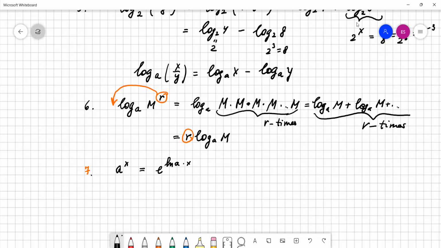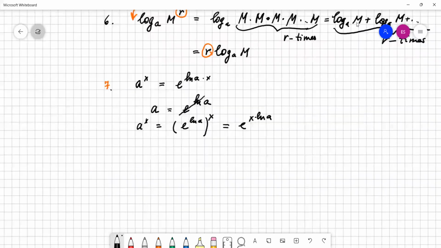For right now, we kind of don't need it, but eventually in your next class, you probably will need it. What I'm trying to say is that a can be represented as e to the power of ln of a. Remember the cancellation rule: e and ln, natural logarithm, cancel each other and you get a. So instead of a to the power of x, I'm going to write e to the power of ln of a, and then multiply powers. Well, we're not going to use this property immediately, so if you don't get it, that's fine.